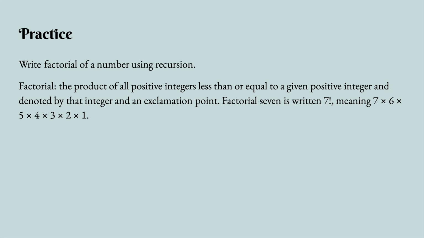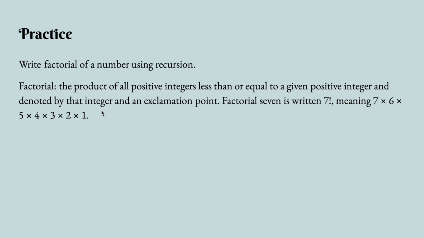The practice problem says to write factorial of a number using recursion, and it tells you that the factorial is the product of all positive integers less than or equal to a given positive integer and denoted by that integer and an exclamation point. For example, factorial of 7 is written as 7 exclamation point, and it means 7 times 6 times 5 times 4 times 3 times 2 times 1.